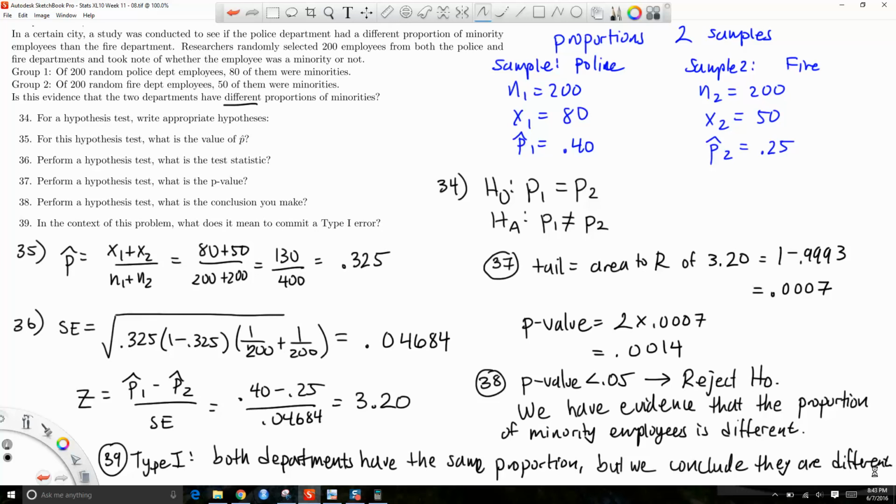In reality, the proportion is the same for both fire and police departments, but maybe the public doesn't believe that. That would be a type 1 error.